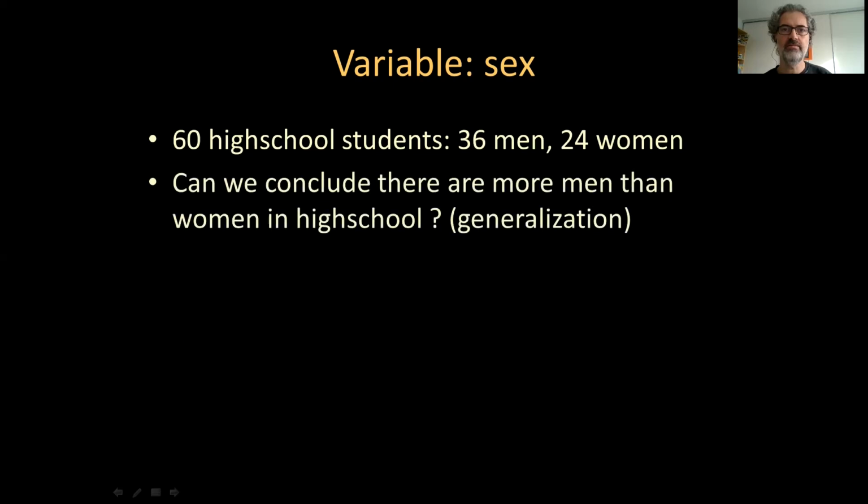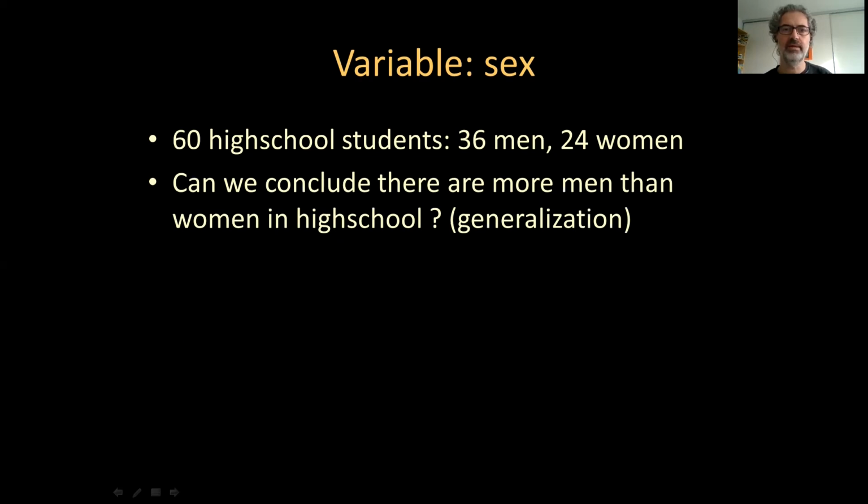So let's just say we sit outside the high school, we write down how many men and women go in for 60 persons, and it turns out we write down 36 men and 24 women. This is our observation. So we've observed more men to go in than women. Can we conclude that there are more men than women in this high school?